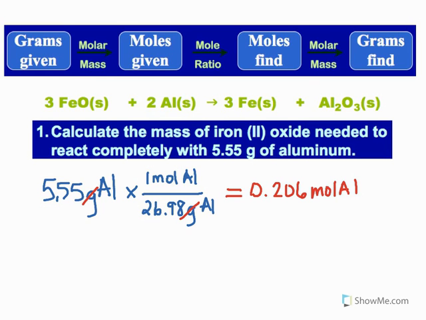Now it's only when I'm in moles that I can start comparing moles of aluminum to moles of iron oxide. So I'm going to start over here with my moles of aluminum, and I now need to go from moles of aluminum to moles of iron 2 oxide. The way I do that is with my mole ratio, and remember, we get our mole ratio from these coefficients up here.